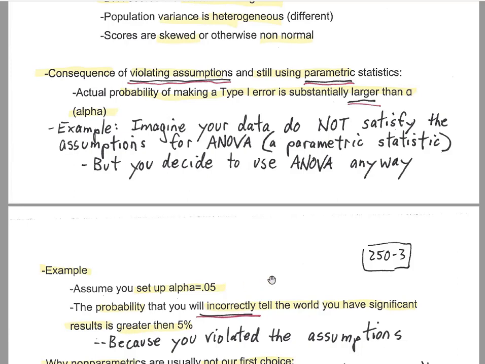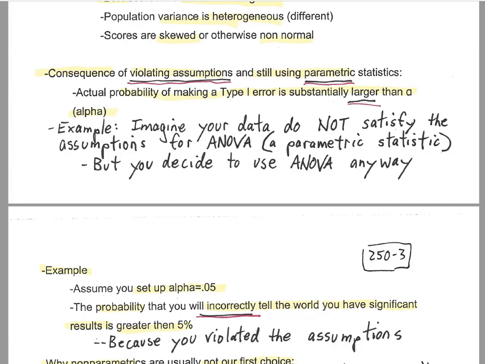But if you don't meet the assumptions of ANOVA and you use ANOVA anyway, all of that goes out the window. The probability that you're making a mistake is probably a lot bigger than 5%, and you don't even know how much bigger it is than 5%. Setting alpha at 0.05 no longer limits your probability of making a type 1 error because you violated the assumptions and did it anyway.